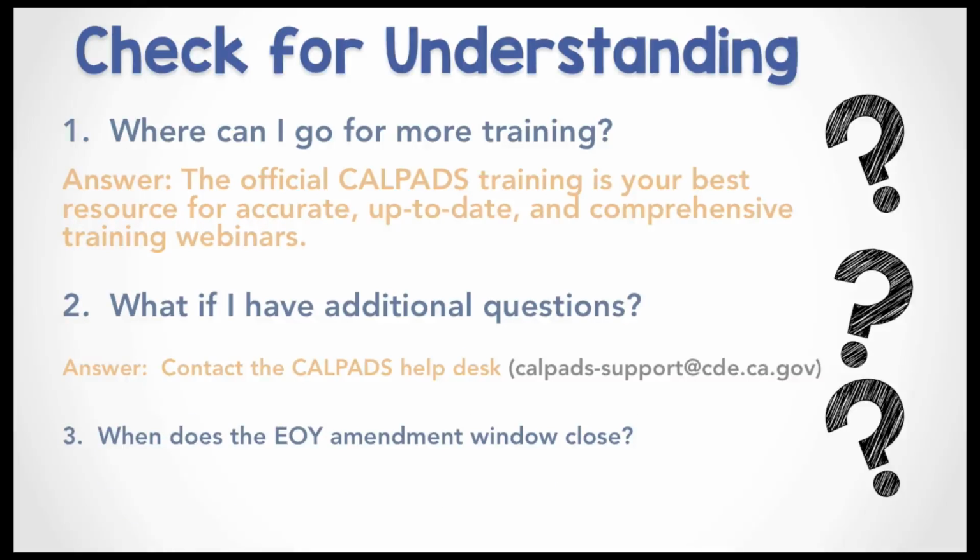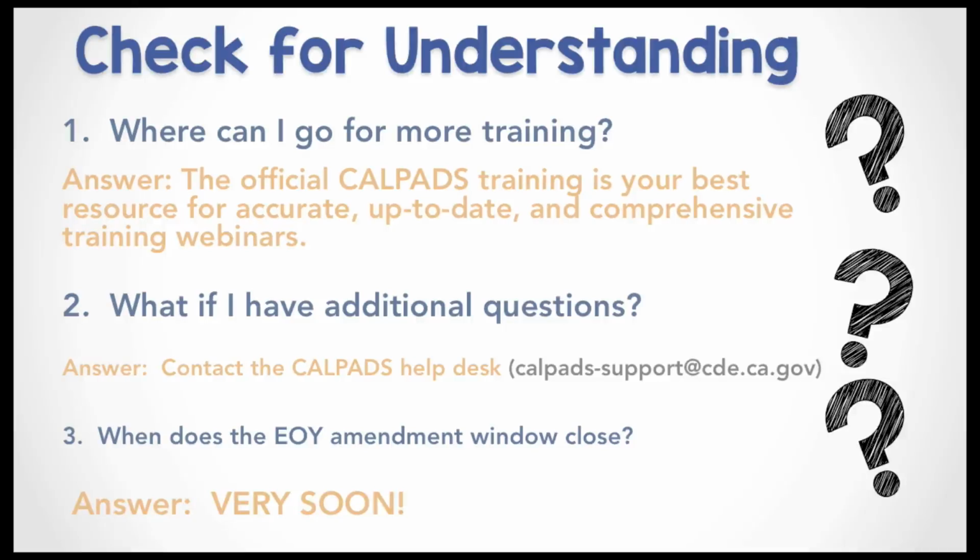And final question: when does the end of year amendment window close? We know the certification window closes on July 30th, but when does the end of year amendment window close? What's the final deadline? The answer is very soon.